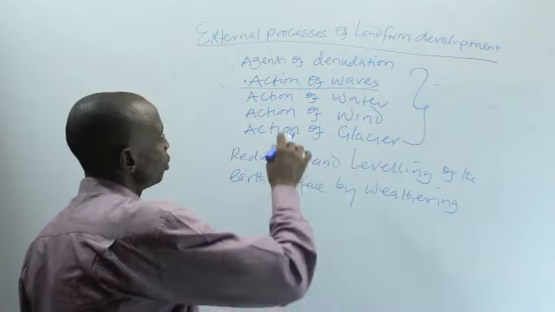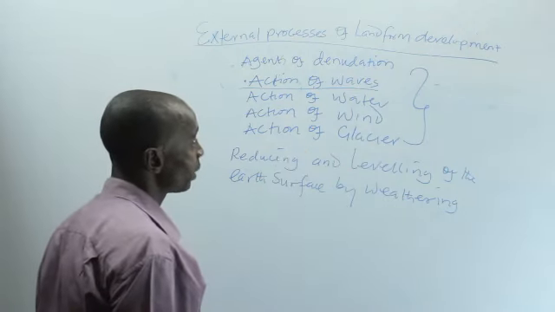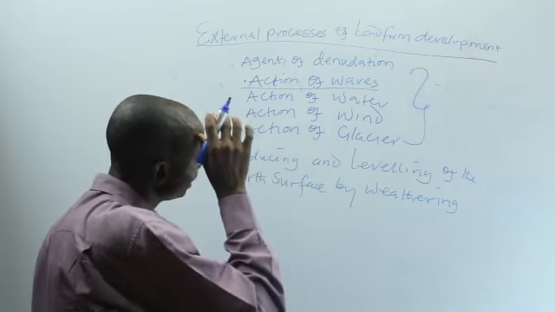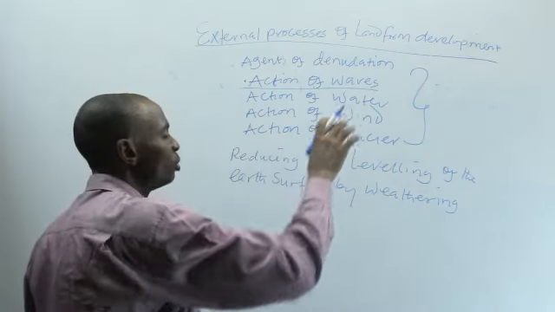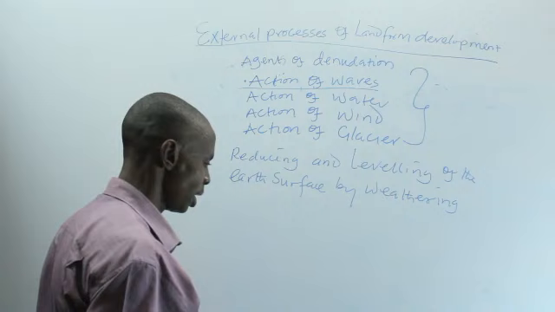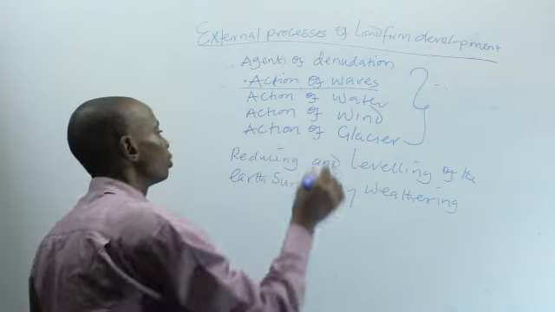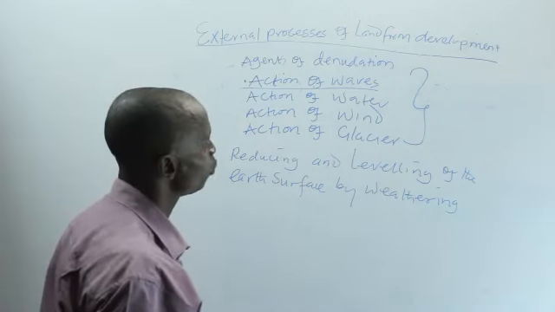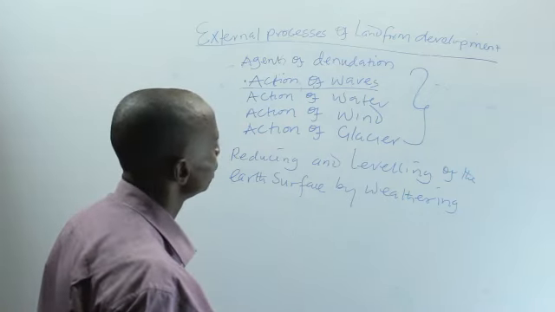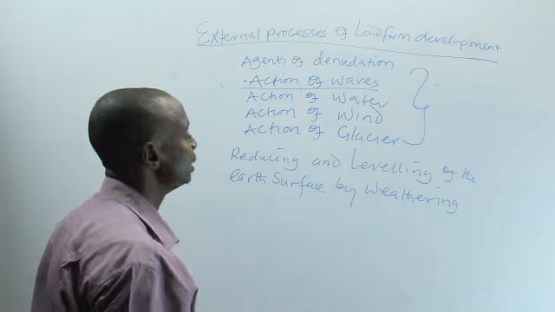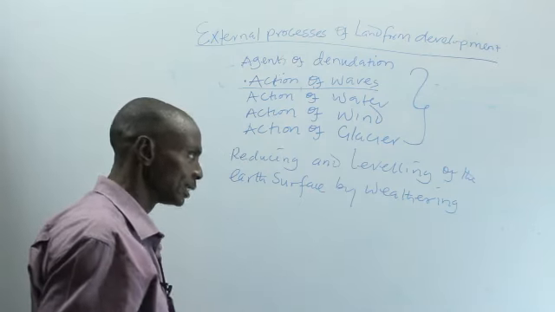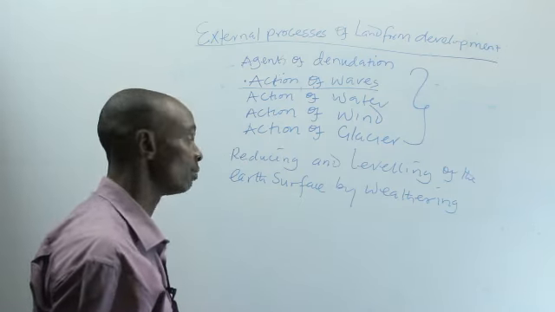We look at the action of water or rain, which is prevalent in a tropical environment where we have a high amount of rainfall. Then we talk about the action of wind. Action of wind is noticeable in a desert or semi-desert environment.